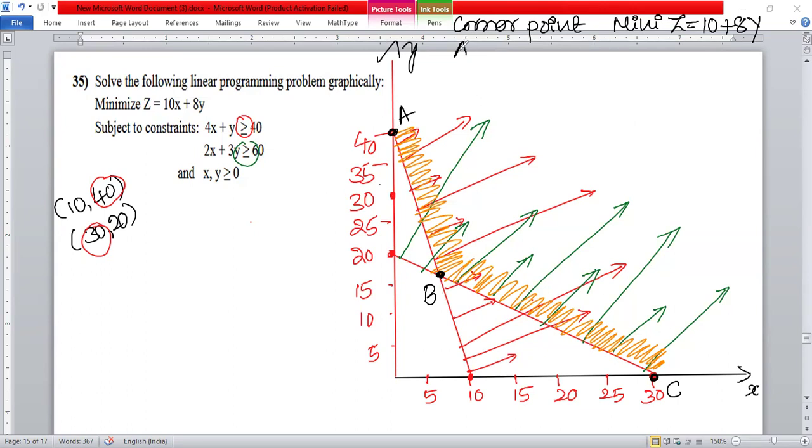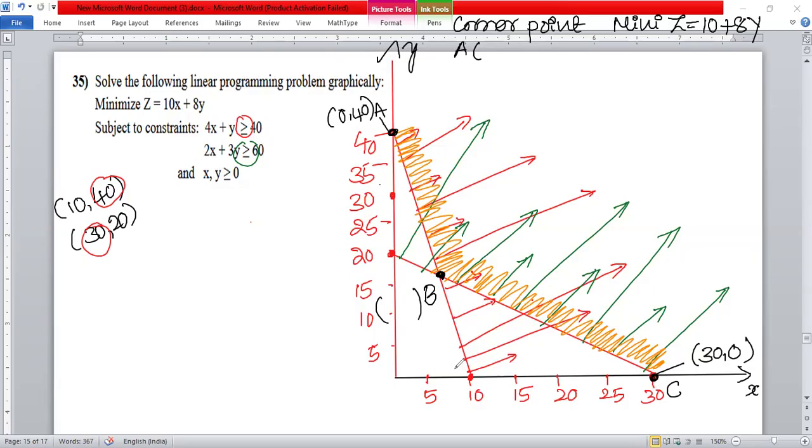So A corner point is 0, 40. B corner point we have to find. C corner point is 30, 0.